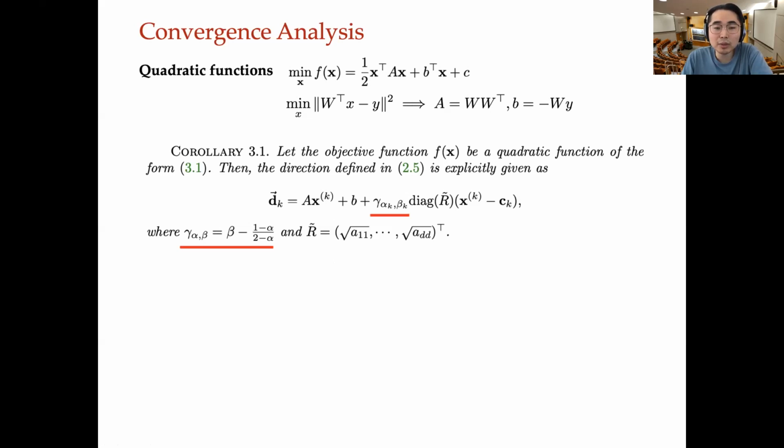The interesting part is that when we try to solve this quadratic minimization, the fractional order alpha and smoothing parameter beta depend only through this gamma parameter. This gamma is defined in this manner, so I will show the result in terms of gamma, without specifying the fractional order or smoothing parameter.